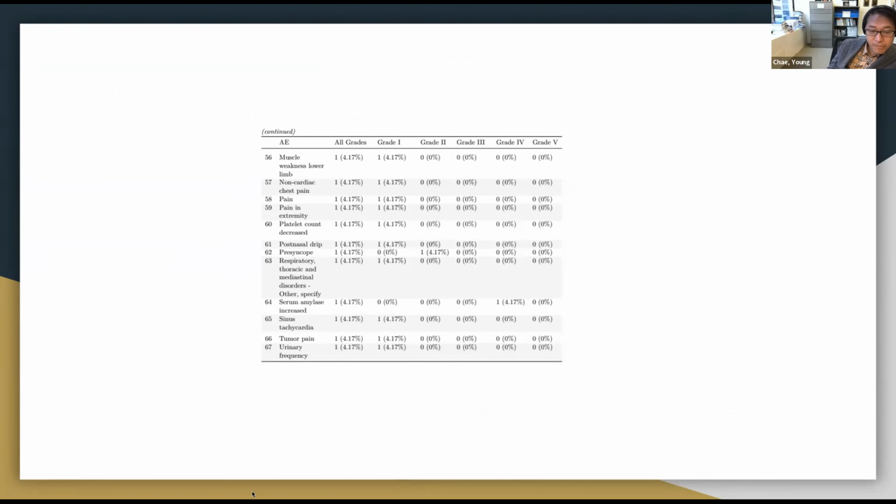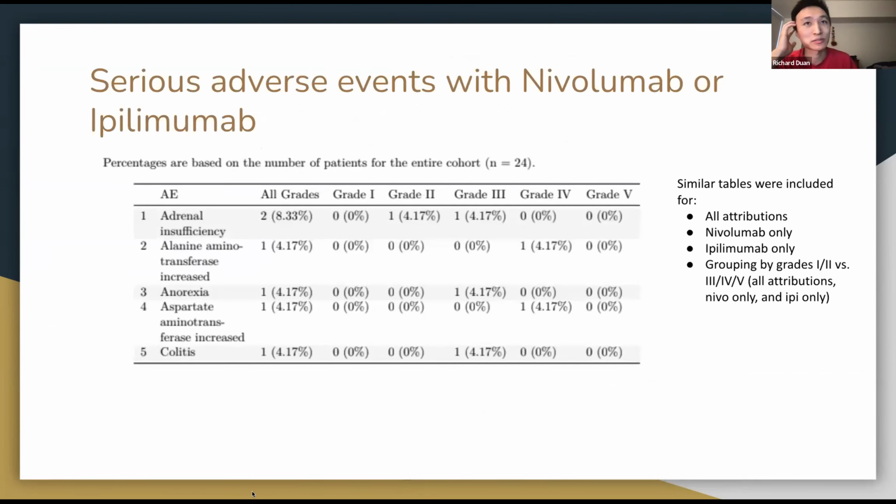Yeah. And then these are serious adverse events with Nivo or IPI. Serious anorexia, colitis. Not sure why they were classified as serious. You don't need them.